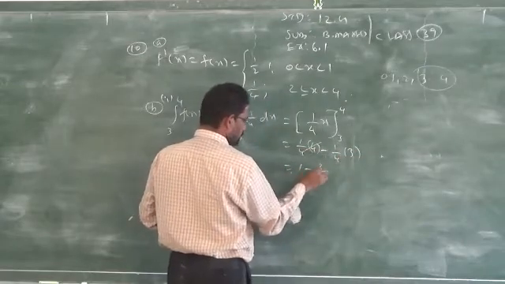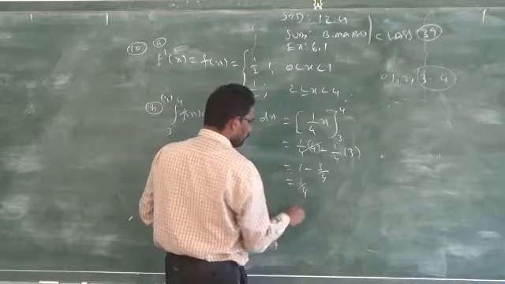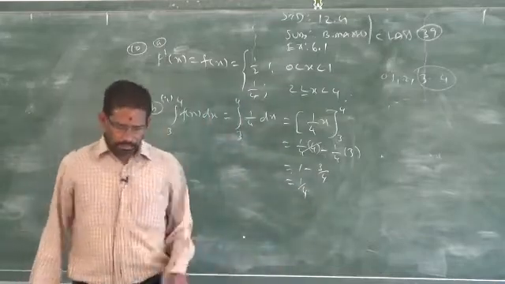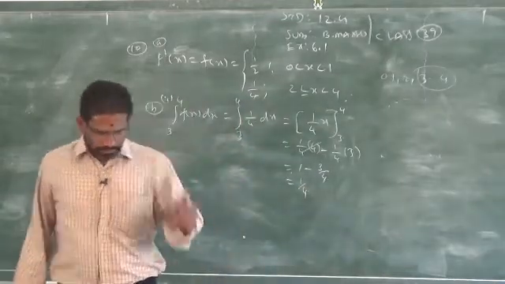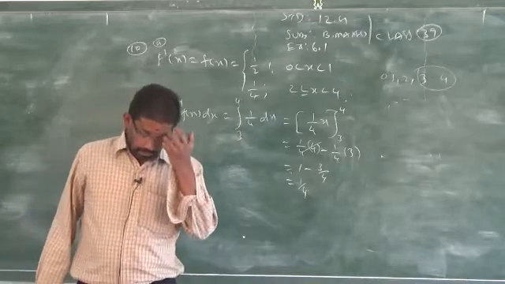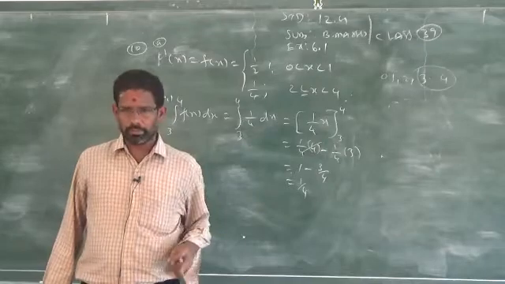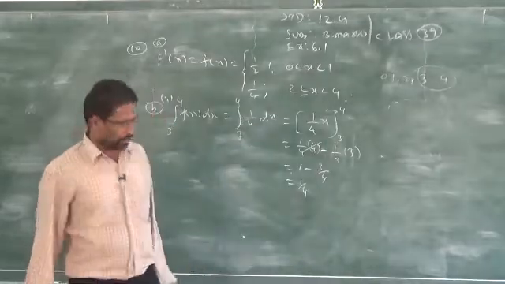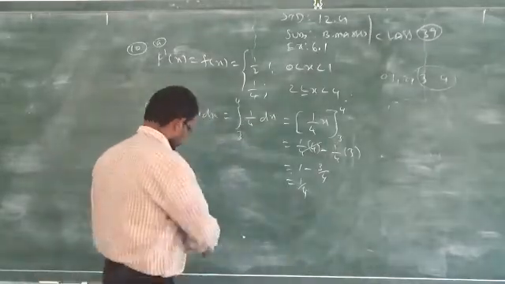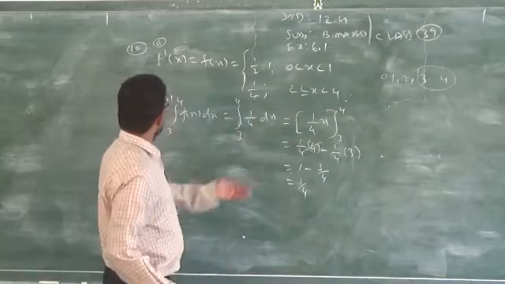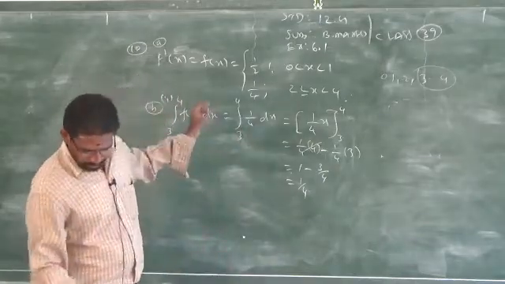So, 1 minus 3 by 4, which will give you 1 by 4. Boys, remember sum number 7, sum number 8 and sum number 9. There will be mistakes, so please complete them. Clear? So, this is the answer for the first part of subdivision B.